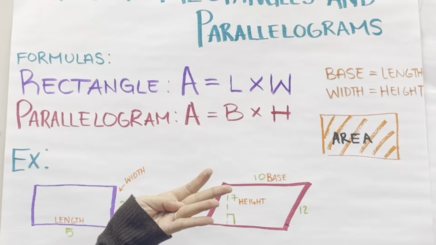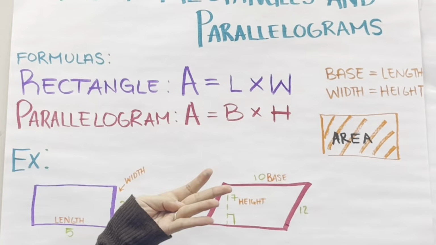So for here, we see our base is 10, our long side that is supporting our space. And we see that 12 is on our side over here. But this wouldn't necessarily be our height because it is a slanted line. We would need to find a right angle inside said parallelogram.